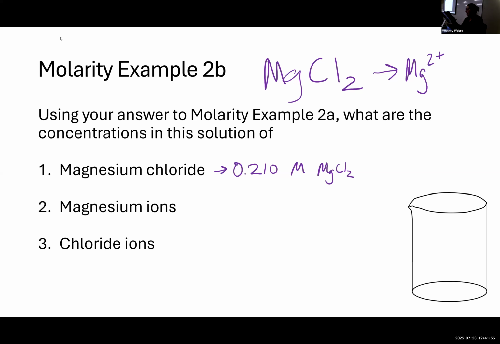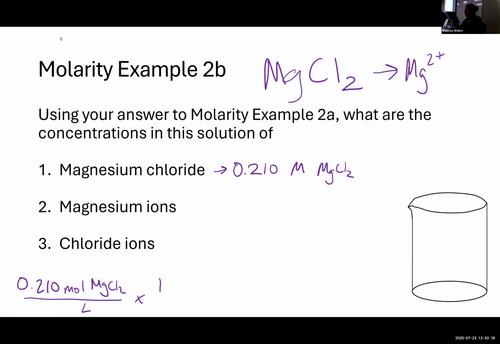Now, let me show you the math down here. If I have 0.210 molar, I can also break that down into moles per liter. And I use stoichiometry. So it's dimensional analysis, what we did during unit 1, or stoichiometry.